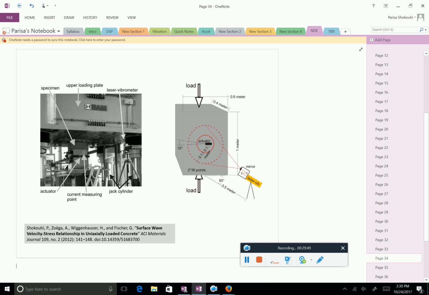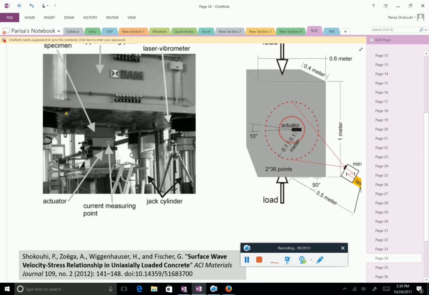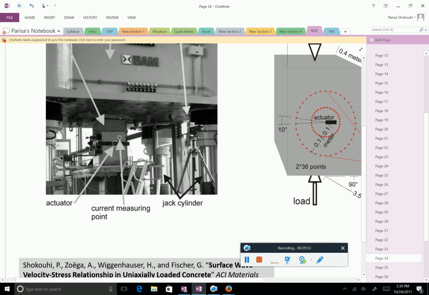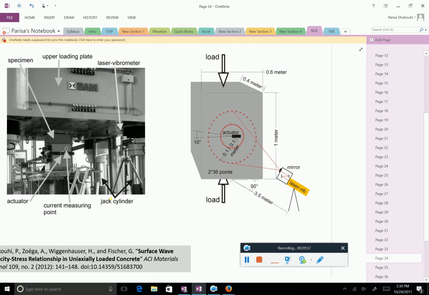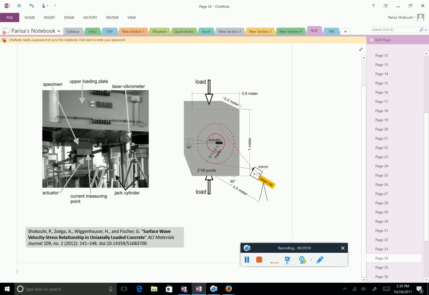I don't know if it's very clear in the picture, but this was a huge loading frame, and the specimen is 3 feet by 1.5 feet by 2 feet. It's a huge piece of material. So at the end, when it exploded, it was dangerous. So we couldn't be near the experiment.